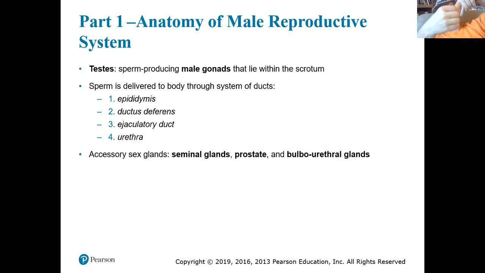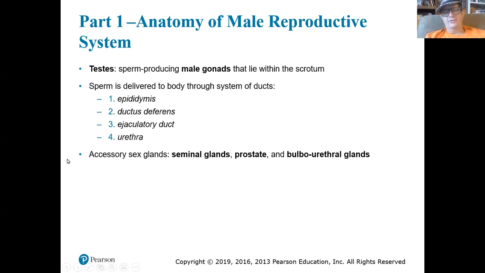And inside the prostate, the ejaculatory duct and the urethra join together. And then the urethra, the same tube that carries urine out of the body, will carry the semen out of the body.